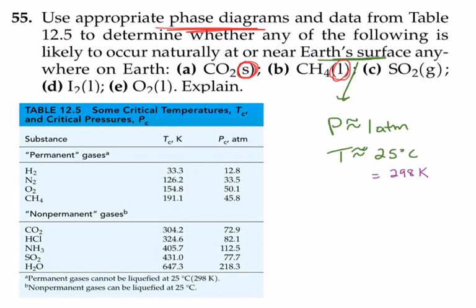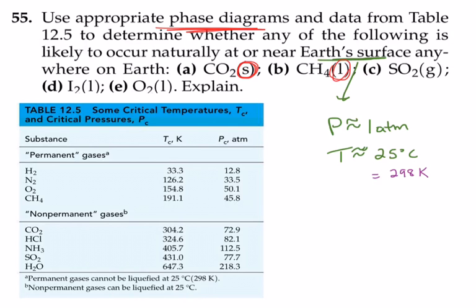So this one, you have 5 substances, and they are in various solid, liquid, or gaseous states. For each one, strewn throughout this chapter, you have information like this, or a physical phase diagram, to make a judgment under normal Earth temperature and pressure. Earth pressure is 1 atmosphere, 760 millimeters of mercury or 760 torr.